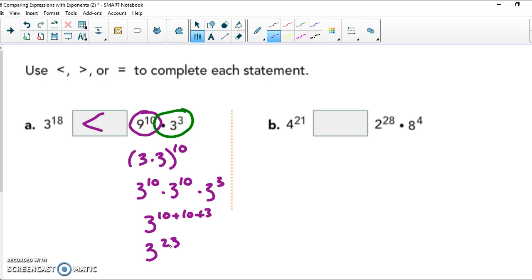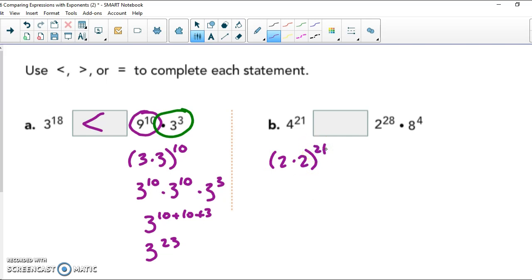So now that you've gotten a feel for how to break this apart to make equivalent bases, let's try it on part B. I have 4 to the 21st power times 2 to the 28th times 8 to the 4th. So I have 3 different bases this time, but I know that all 3 of these bases could be broken down into 2's. So I'm going to start by taking 4 to the 21st, and I'm going to break 4 into 2 times 2.